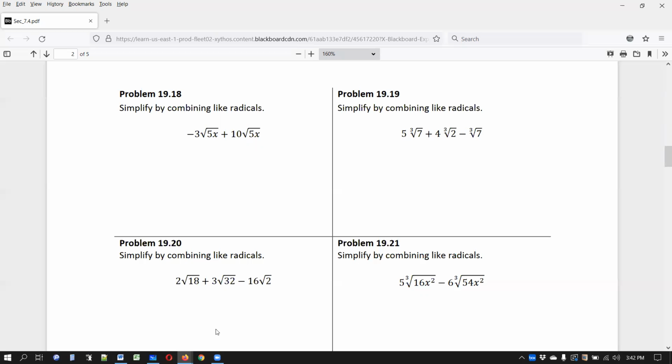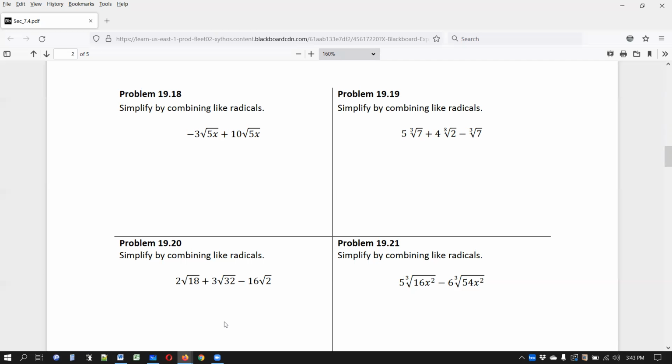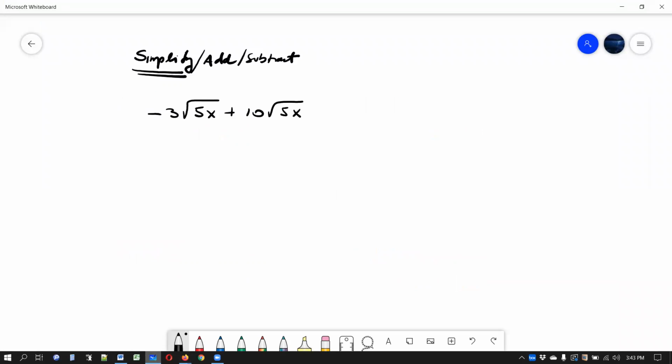So minus 3 radical 5x plus 10 radical 5x. Okay, so let's make sure I copy this correctly. Okay, good.